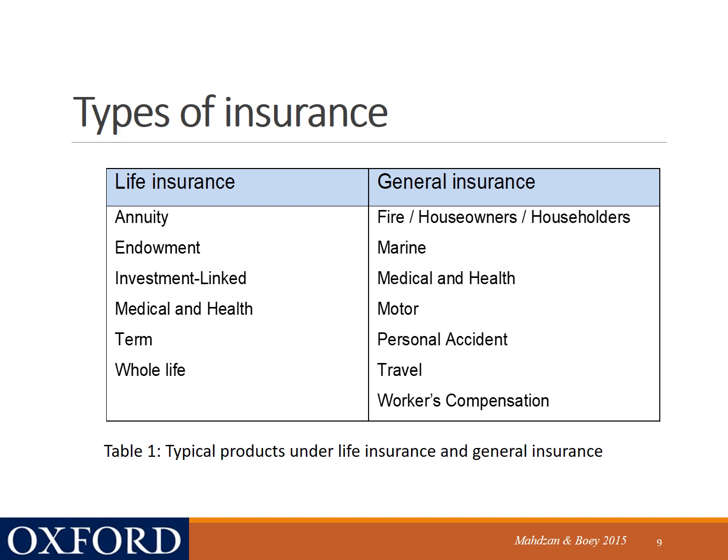So these are the various types of life insurance as well as general insurance. At this juncture, I don't think I will explain much on this, because it will be covered in future chapters. Today most of what I would like to highlight is the concept of insurance and the legal principles of insurance. So I'll skip this one for the moment.